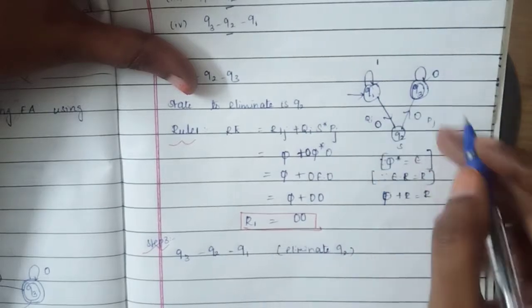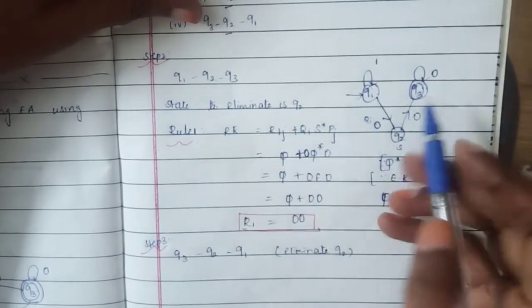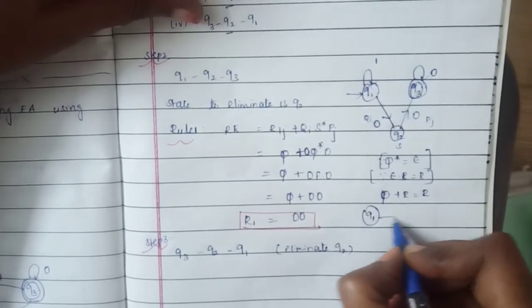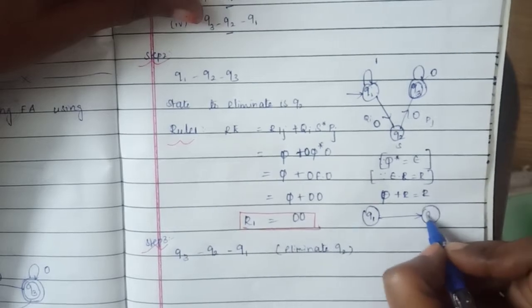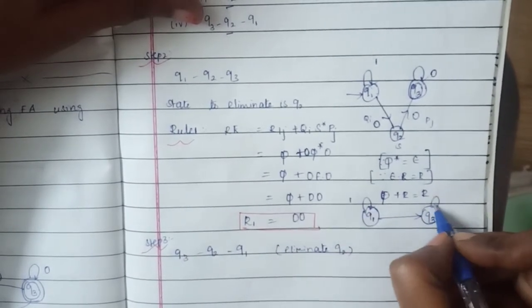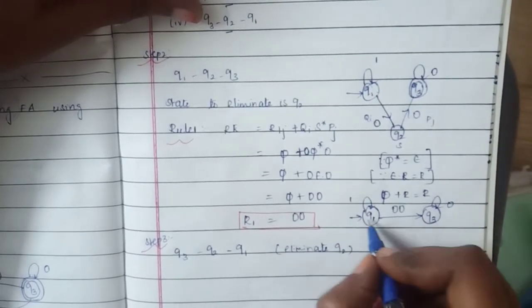When we see this diagram, after this, from Q1 to Q3 your transition diagram will look like this. This is 1 and this is 0, so this is 0 0 from Q1 to Q3.